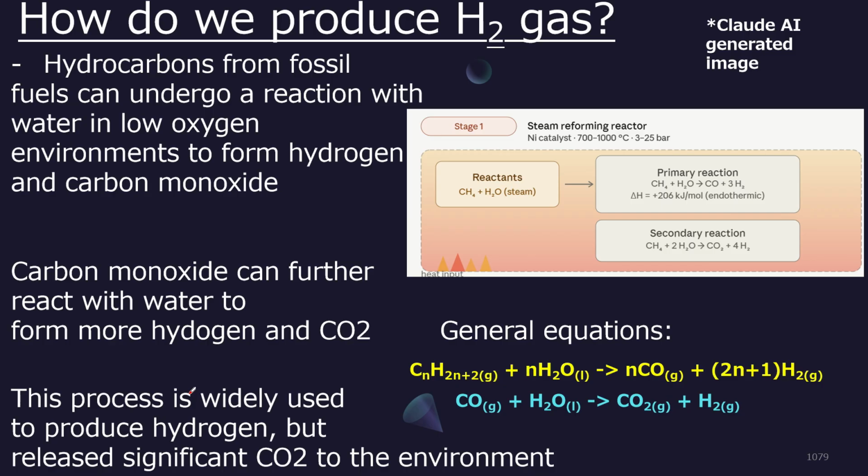Essentially, every carbon that was in the hydrocarbon becomes a CO2 molecule. So this process is widely used to produce hydrogen H2 gas, but it releases significant amounts of CO2 to the environment. So if our goal with the hydrogen cell was to reduce greenhouse gas emissions, then we fail if we get our hydrogen fuel through steam reforming.